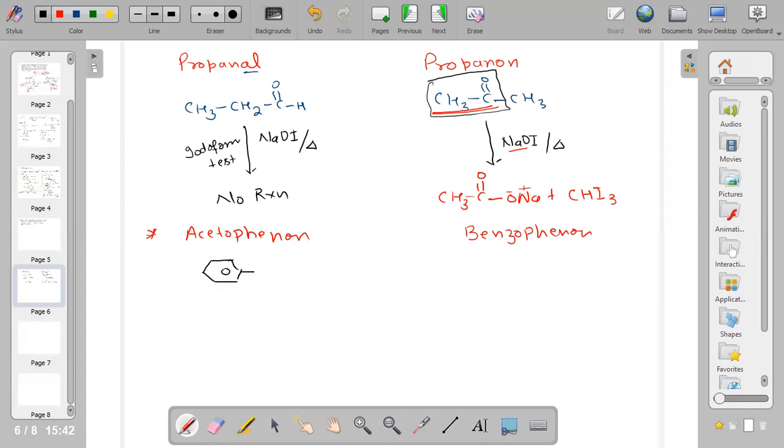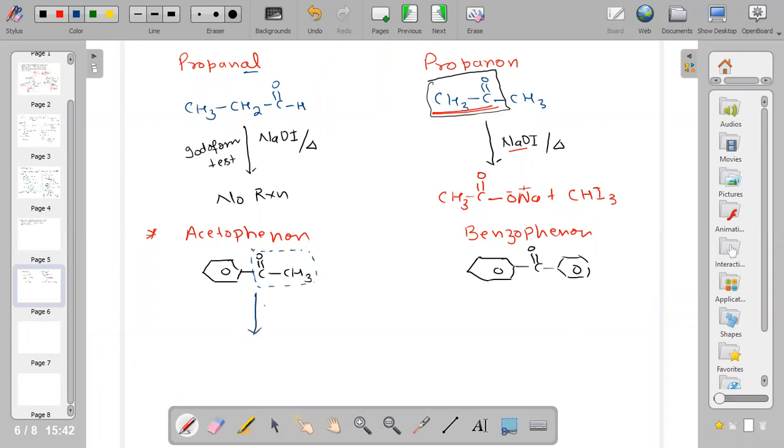So C=O CH3 with benzene is acetophenone, and this one, with a C=O group between benzene and benzene, is benzophenone. Now, what do you understand here? Both are keto groups, but the first compound contains the C=O CH3 group, so this will give the iodoform test, but this will not.